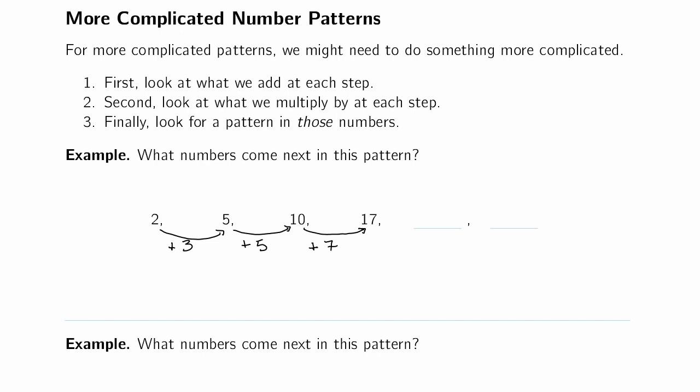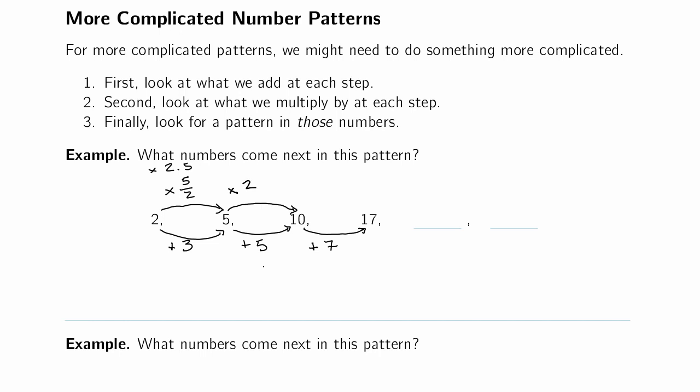So second, we want to look at what we multiply by. So what do we multiply 2 by to get 5? 5 divided by 2, that's actually not very interesting. It's just 5 halves, or maybe 2.5 is what we want to call it. What do we multiply 5 by to get 10? Well, that's a little bit better.